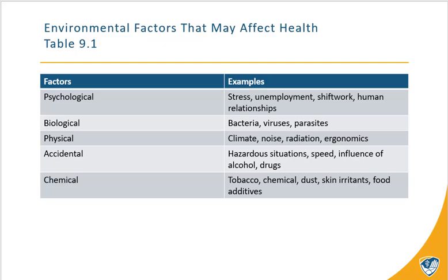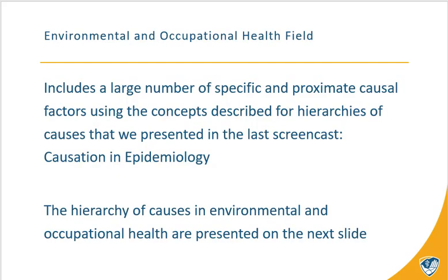Physical: climate issues, noise, radiation. You get the idea there. There are also categories for accidental and chemical. The environmental and occupational health field includes a large number of specific and proximal causal factors, using the concepts described for hierarchies of causes that the authors presented in the chapter Causation in Epidemiology.